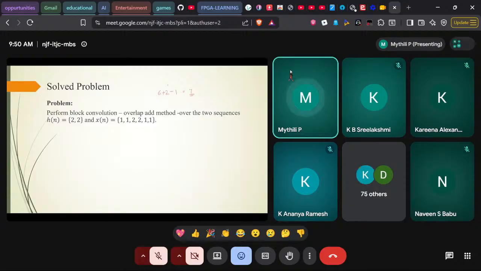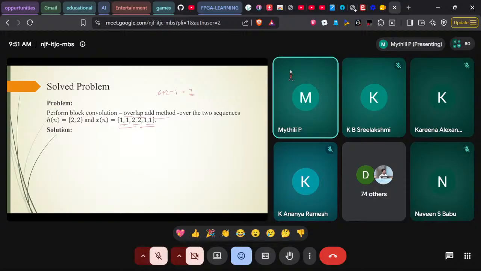Now for this, you are supposed to do it using the overlap add method. Divide it into blocks of 3. It's your choice unless it's given. So here in this example, I am going to use block size of 2. So I will define x1 of n as 1 1, x2 of n as 2 2, and x3 of n as 1 1. In the exam, what you can do is you can see the sequence and explore its symmetry.